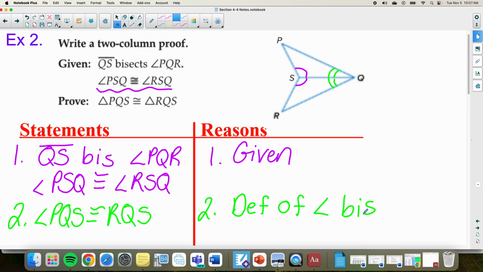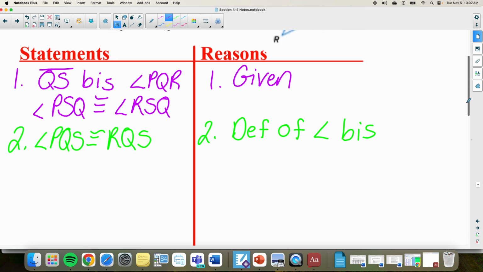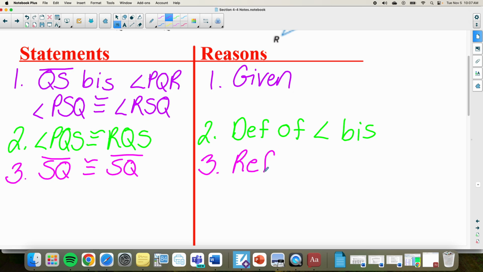Now, does anyone see something else that we could mark? Something else that's congruent, Keandra? Reflexive property, very good. So I could say SQ is congruent to SQ. And that is reflexive property.